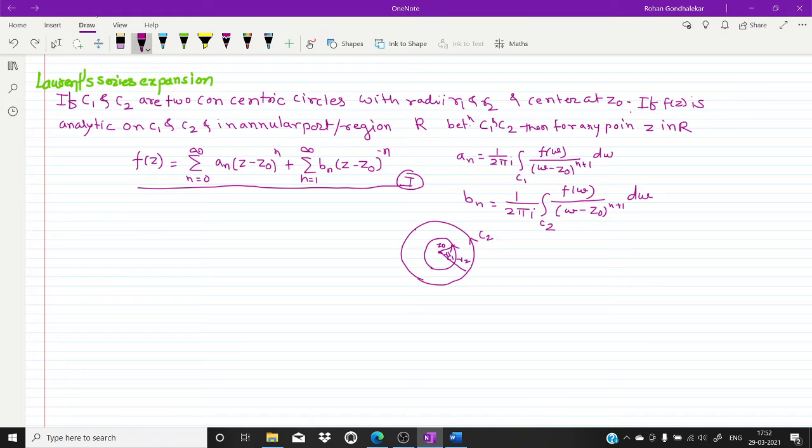But what is the difference between Taylor's and Laurent series? In Laurent series we have both positive as well as negative powers of z minus z naught. That's it. That is very important.